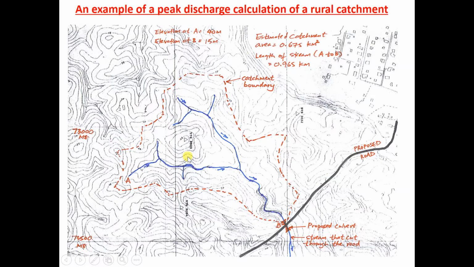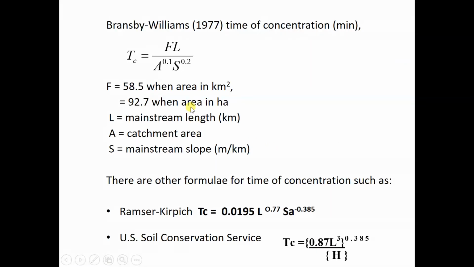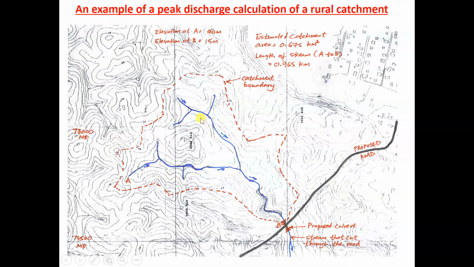So for example, this catchment is bound by this red line. This is the catchment boundary. For the L mainstream, we need to find the representative stream, usually the longest.